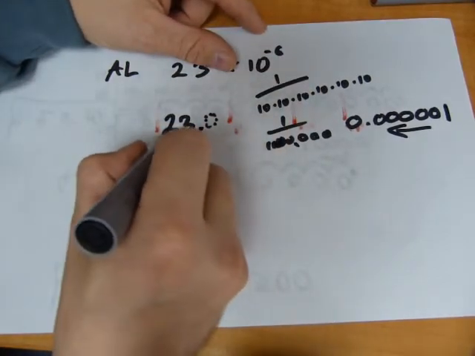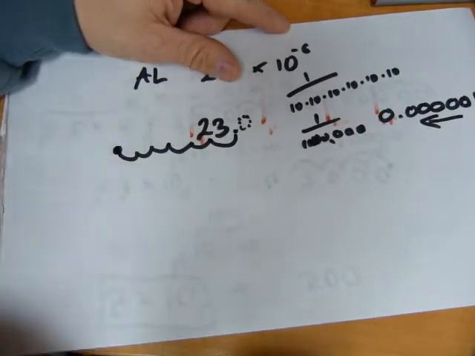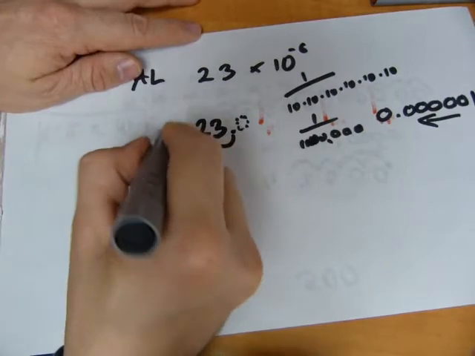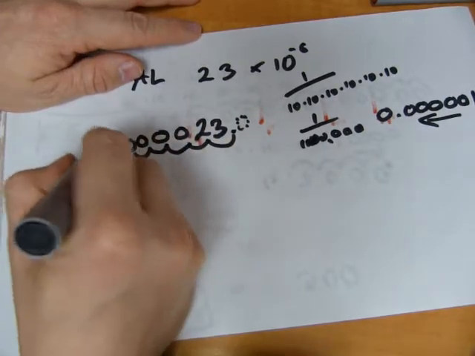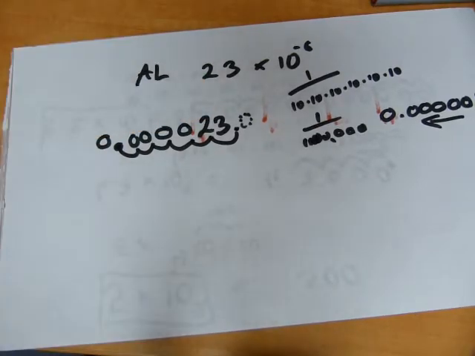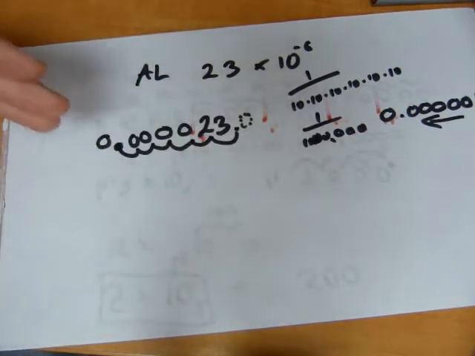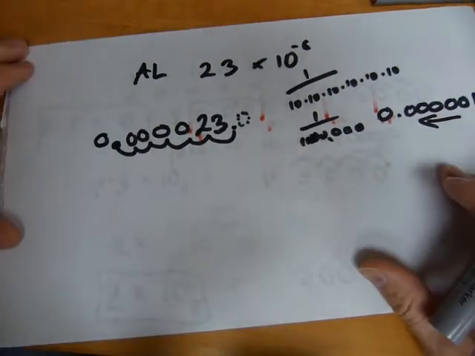So that's 6 jumps. 1, 2, 3, 4, 5, 6, and that's where the decimal dot rests. And fill it in with extra zeros. There you have it, 0.000023, or 23 millionth. Either which way, that's the name of the number, whether it's this way or that way.